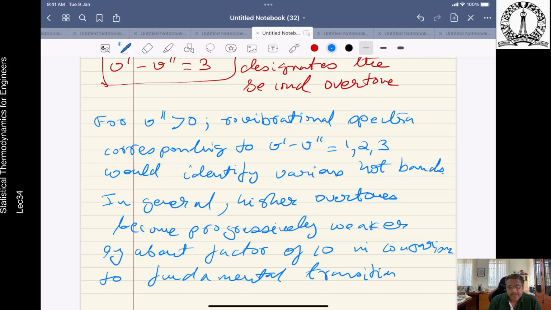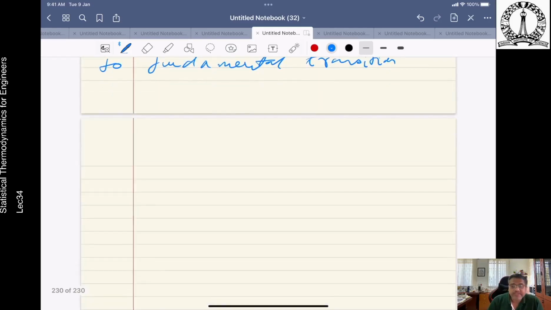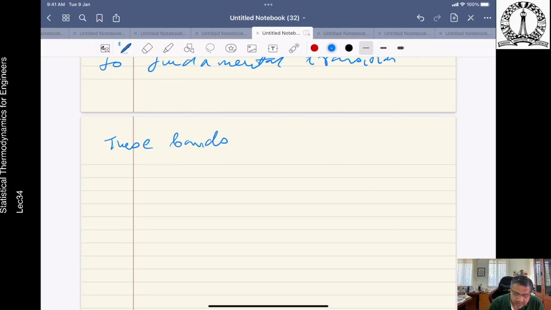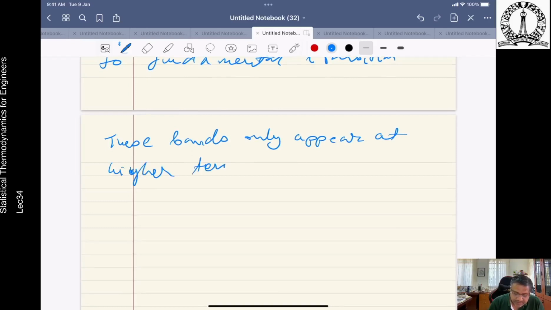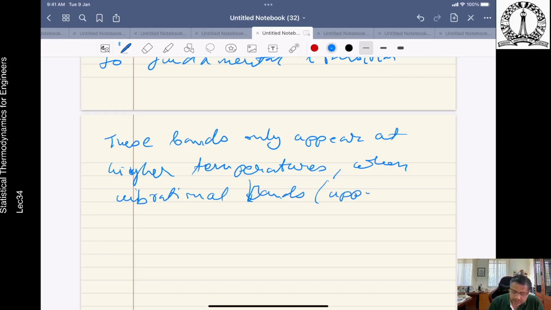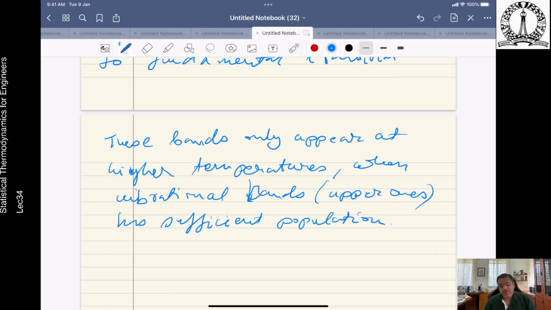As the name implies, these are called hot bands because they only appear at higher temperatures, when significant population is generated in the upper vibrational levels, sufficient population.